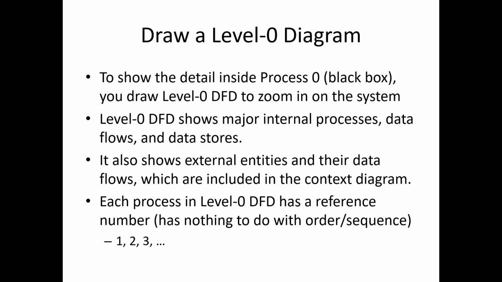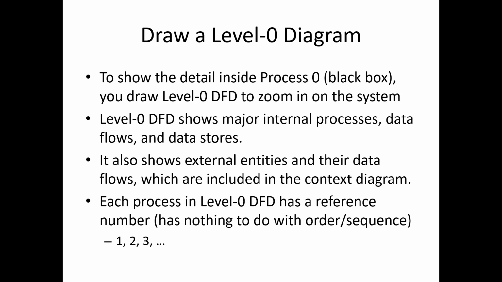In other words, the entire system is decomposed into several major processes. We also need to describe the communications among those processes. We may also include data stores. So this diagram also shows the external entities. So we include external entities in the context diagram as well as the level 0 diagram.